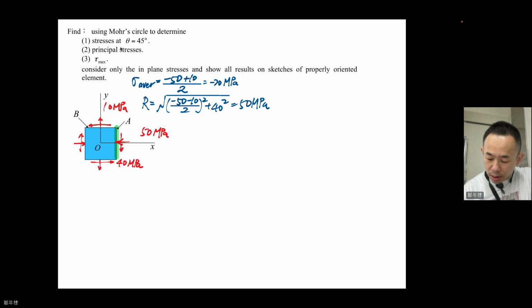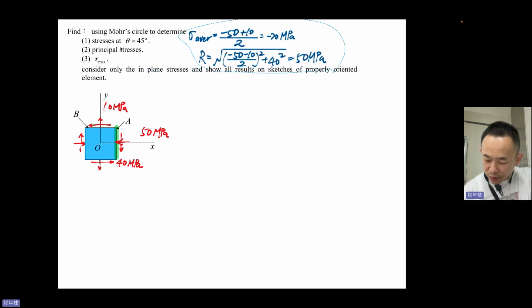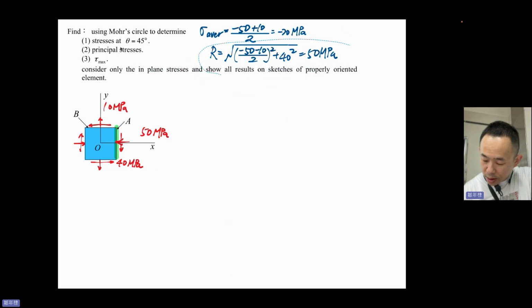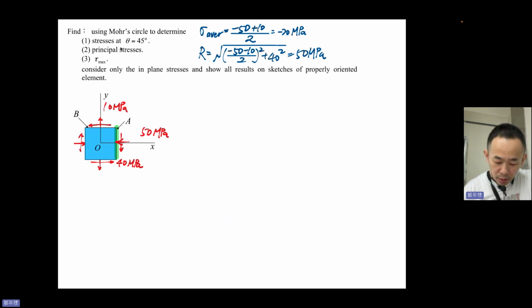Okay, now we are ready to obtain the... sorry, I prefer to write down here. All right. And let's write down the sigma x1. Okay. And you notice that sigma average is minus 20.